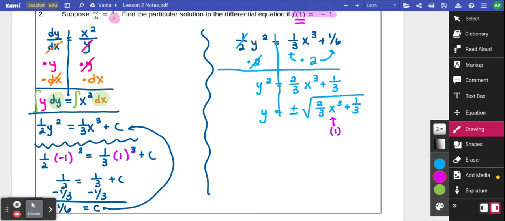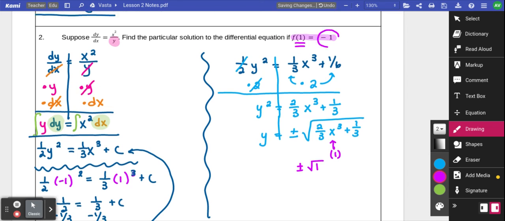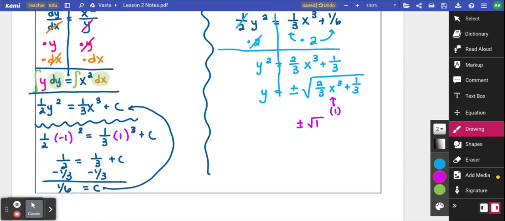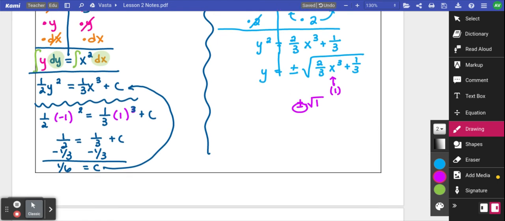So that's really a 1. So we have plus or minus the square root of 1. Based on this initial value, we wanted our answer to be -1. So I'm going to keep the negative here. That means my final answer to this problem would be y equals negative square root of 2/3 x cubed plus 1/3. And that would be my final answer.